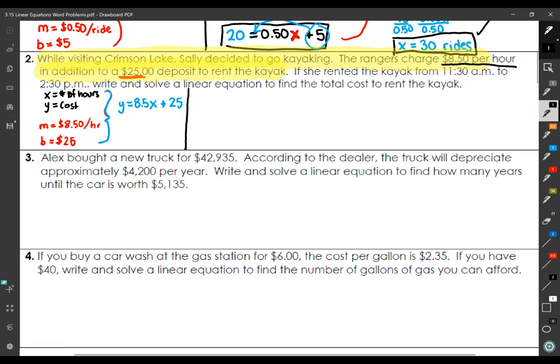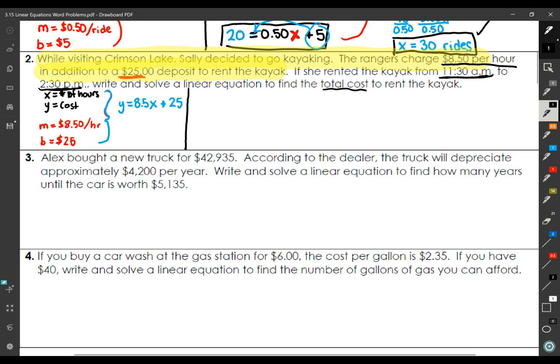So if she rented the kayak from 11:30 a.m. to 2:30 p.m., write and solve a linear equation to find the total cost to rent the kayak. Okay, so what are we given in this problem? Are we given x or y? Well, we're asked to find the total cost. So that means we're not given y. We're going to have to find y.